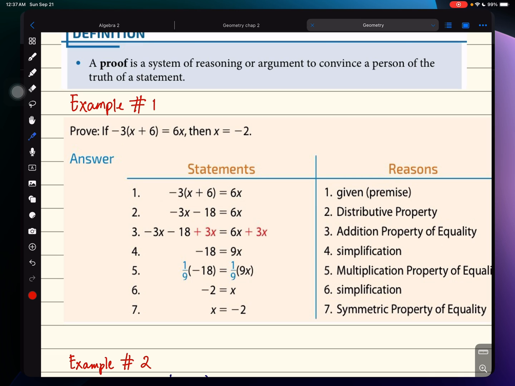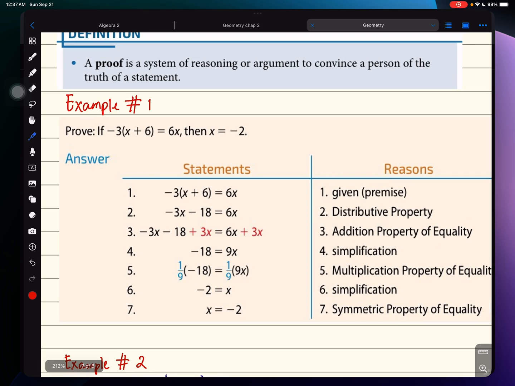Now, why do you think the reason says here distributive property? Because -3 is distributed inside the parentheses, wherein it will become -3x minus 18 equals 6x.